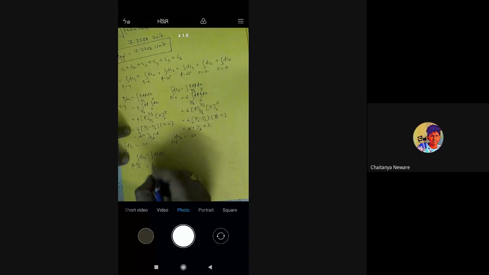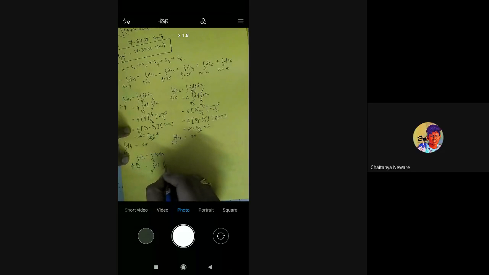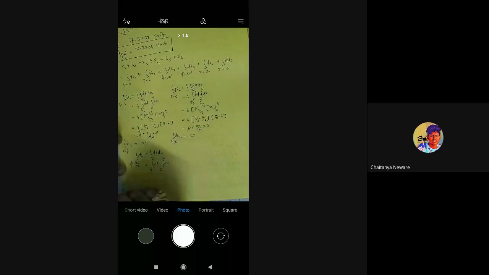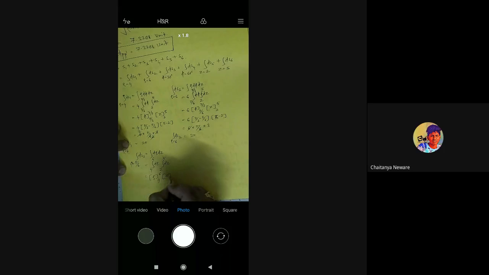Because phi is not there, we directly put the limits: 4 to 6 for d rho, and 2 to 5 for dz.